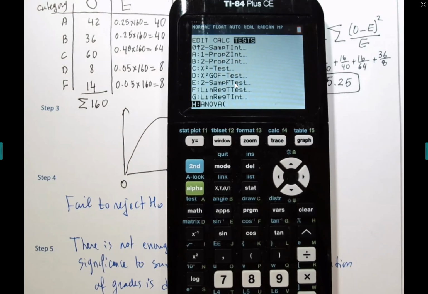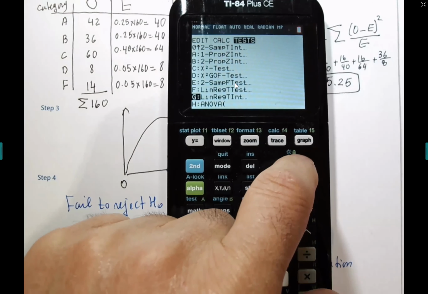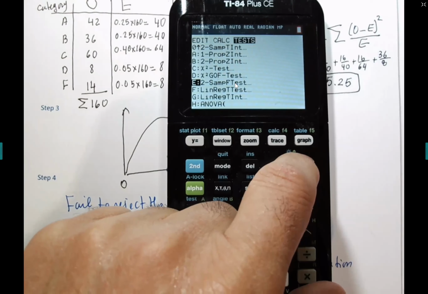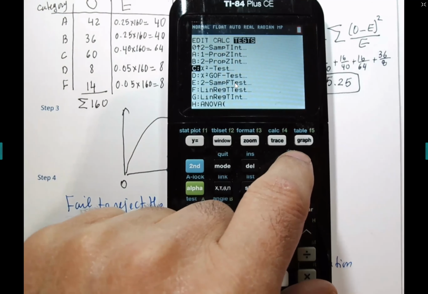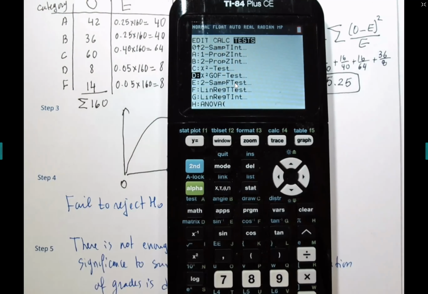All right, so it is D. It's GOF, guys. GOF stands for goodness of fit. And this is chi-square, so don't mix it up with C. C is reserved for section 10.2. This is it, goodness of fit test.